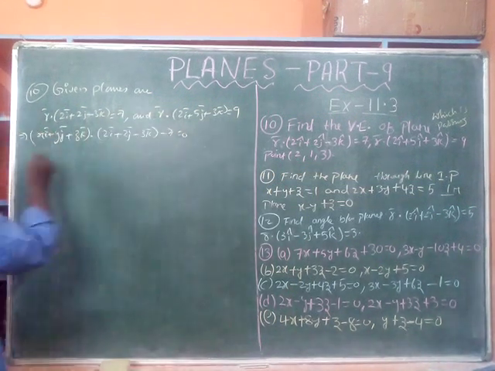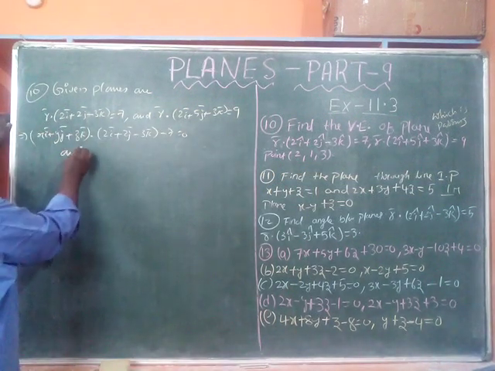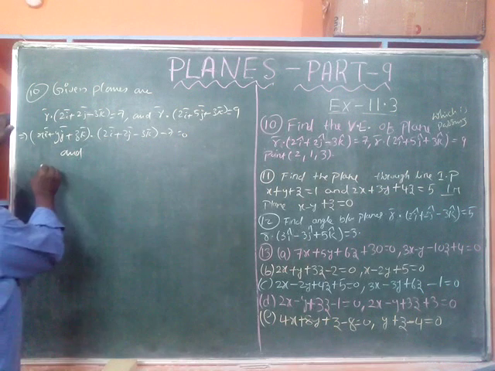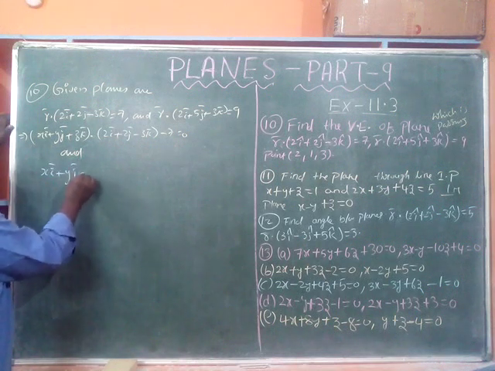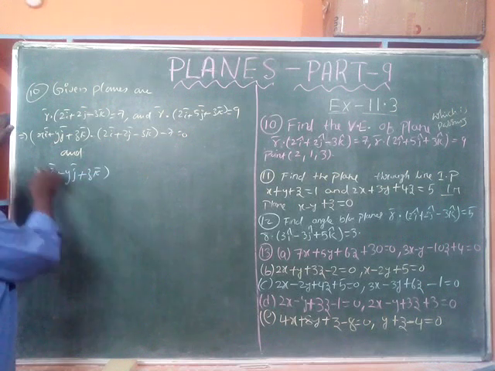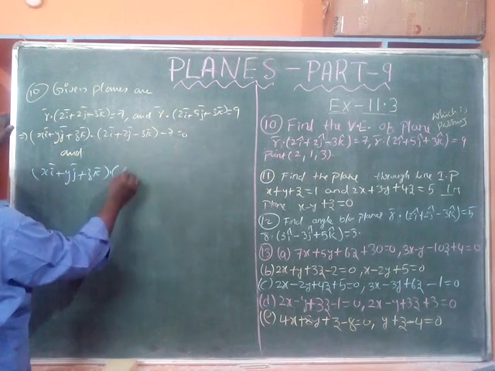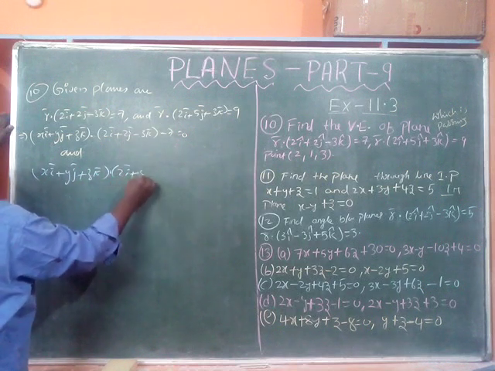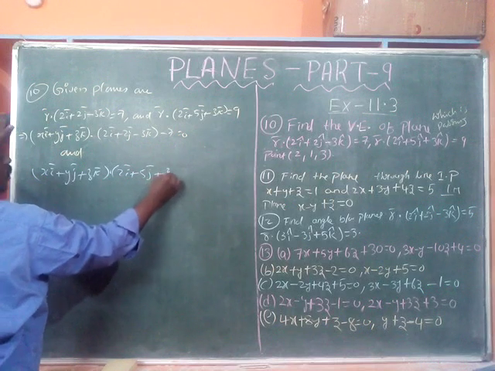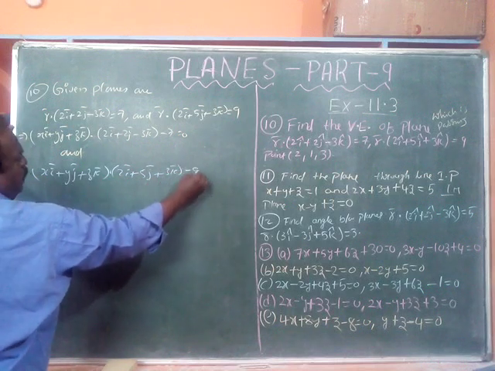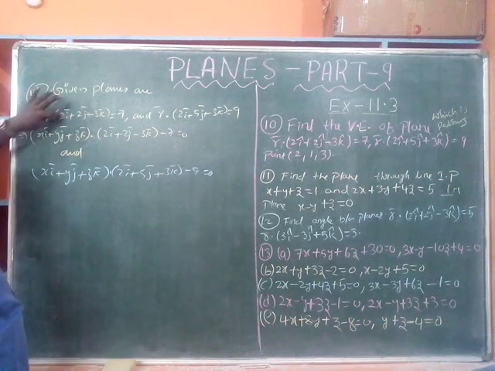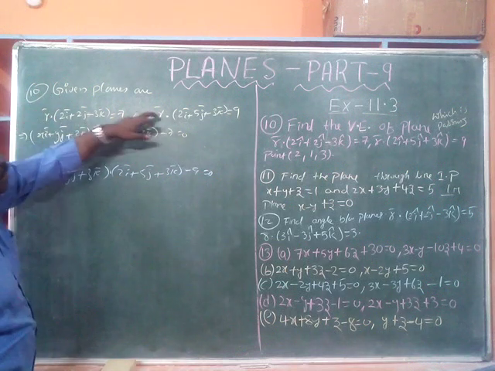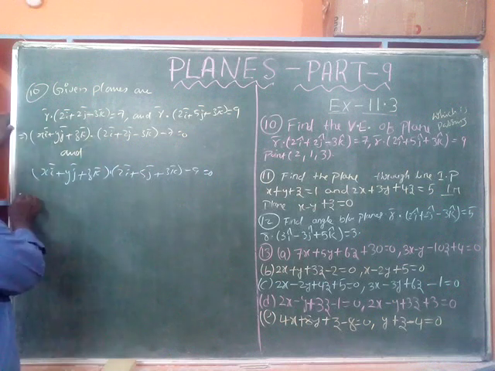And xi plus yj plus zk dot of 2i plus 5j plus 3k, minus 9 is equal to 0. This is the first plane and this is the second plane.